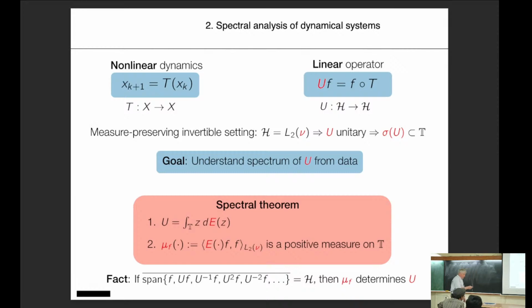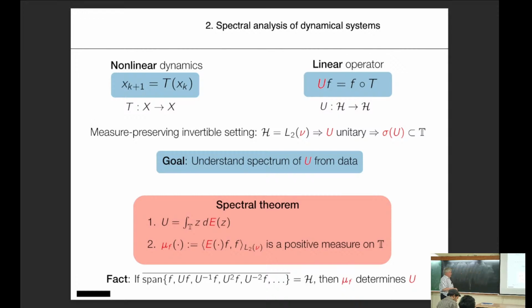So we use Koopman's idea to put the dynamics on a space of observables. If we have an ergodic dynamical system, it means that there exists a measure on the state space which is invariant under this T. Therefore, the composition operator will be unitary. Once you have a unitary operator, you have the spectral decomposition, Riesz and Herglotz and von Neumann spectral decomposition.